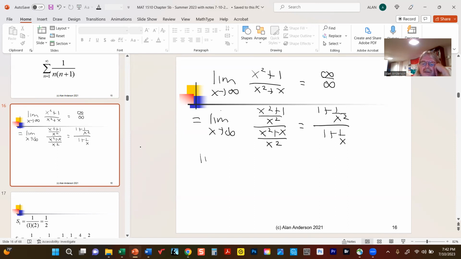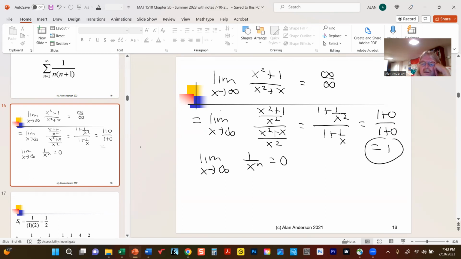And you know that the limit as x goes to infinity of 1 over x to any power is just 0 because the denominator is getting very small. So that means this time direct substitution will leave us with 1. Okay, so we went from infinity over infinity to 1 because that is the correct answer.